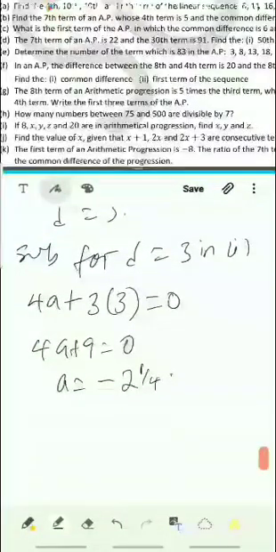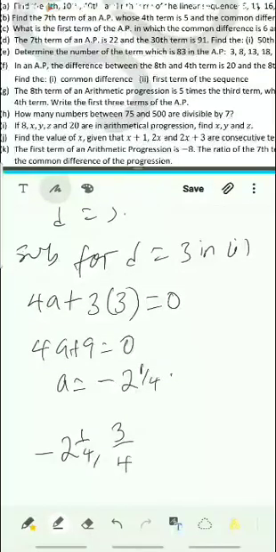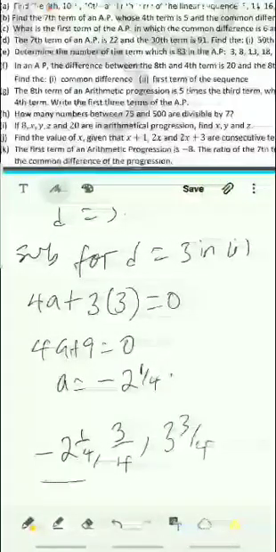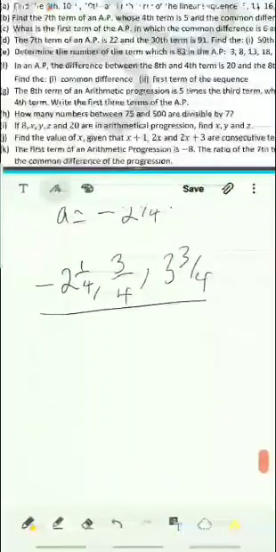So what are the first 3 terms? The first term is negative 2 number 1 over 4. The second one is negative 2 number 1 over 4 plus 3, that's 3 over 4. That should just be adding 3 to each term, and the third one will be 3 over 4. So these are the first 3 terms of the sequence.